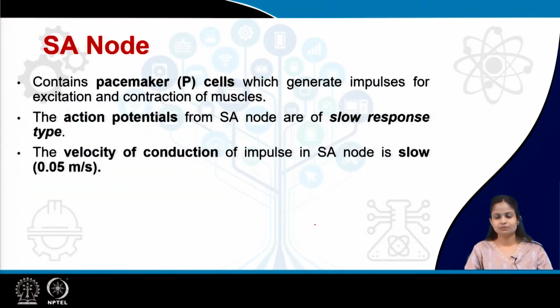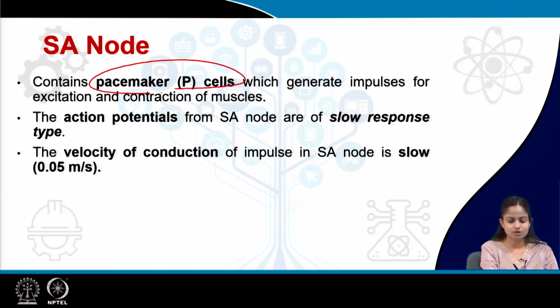First we will talk about the SA node or the sinoatrial node. The sinoatrial node is the primary or main pacemaker tissue of the heart. Why is it called the pacemaker tissue of the heart? Because it contains an abundance of P cells.